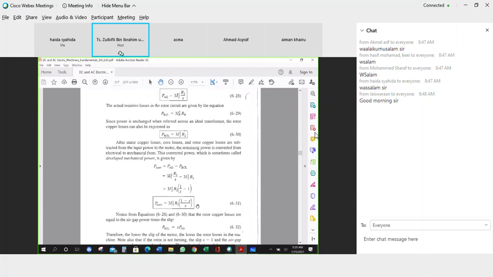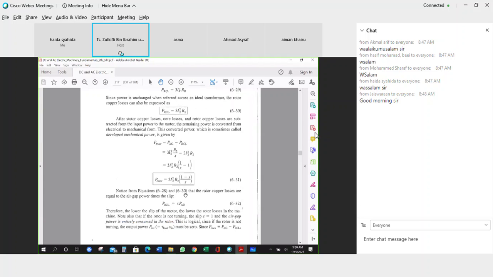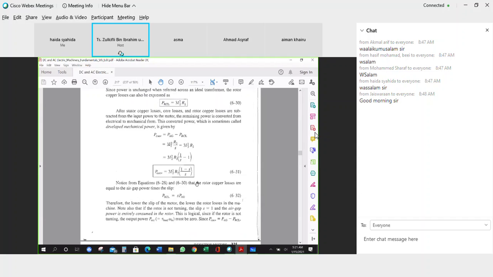And you can also simplify the rotor copper loss as equal to the slip times the air gap power.